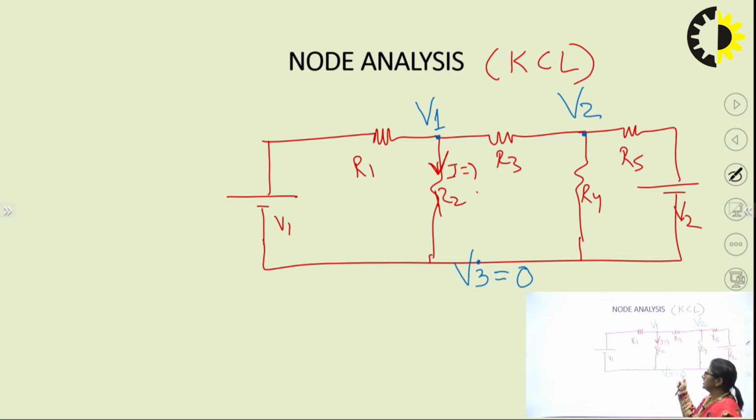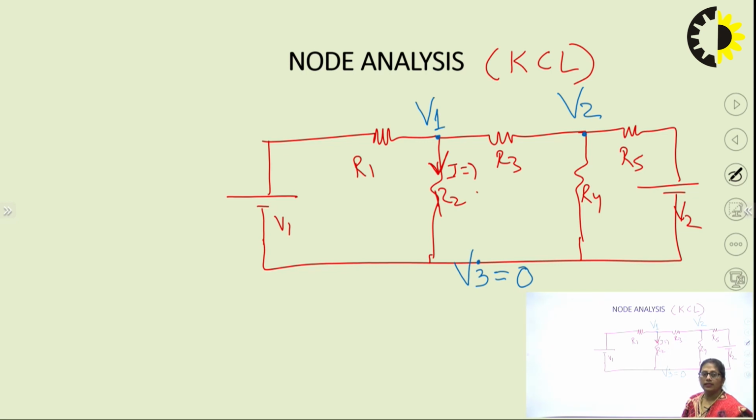So this 0 potential implies that all the currents would flow towards it. Otherwise, I may keep V1 as 0 or V2 as 0, as any junction can be considered as datum. So the V3 junction voltage is already known, and now I have only 2 junctions for which I need to write the KCL equations. Going for the first one.